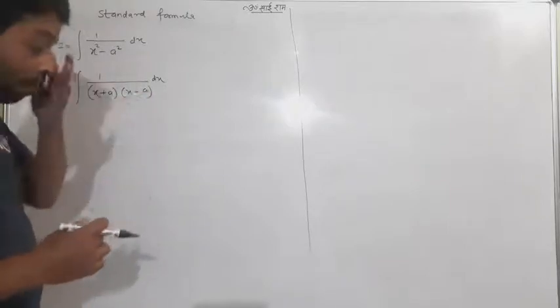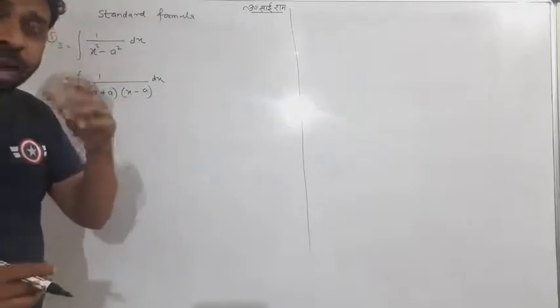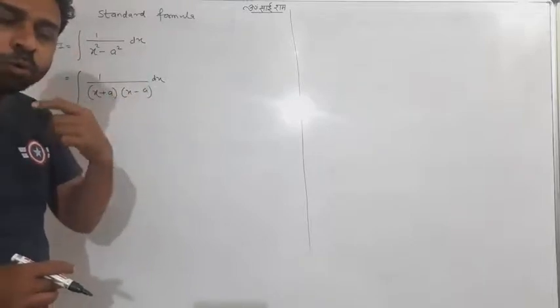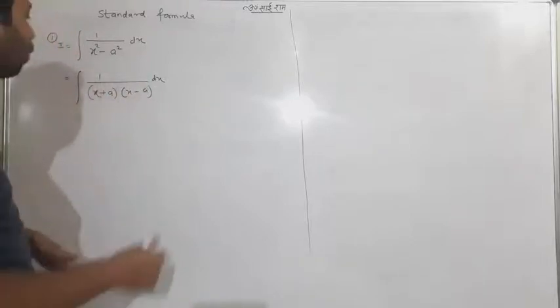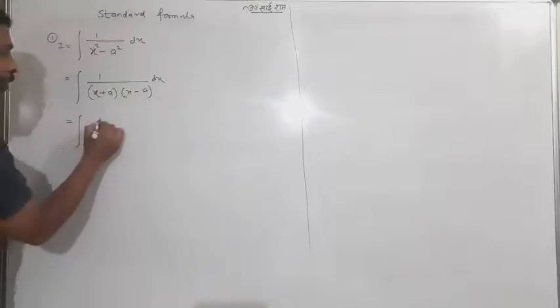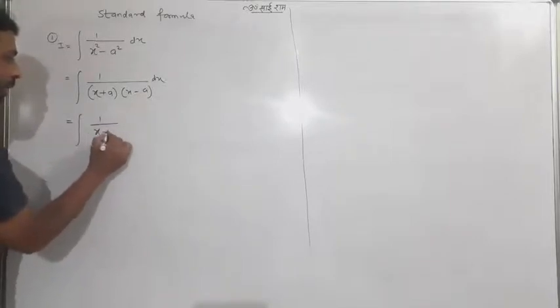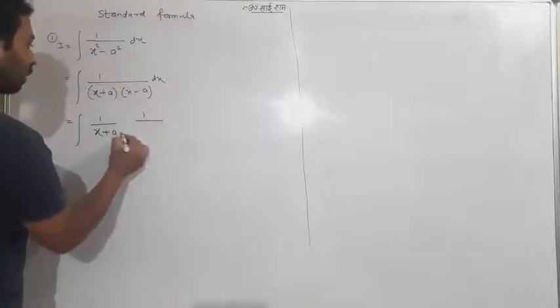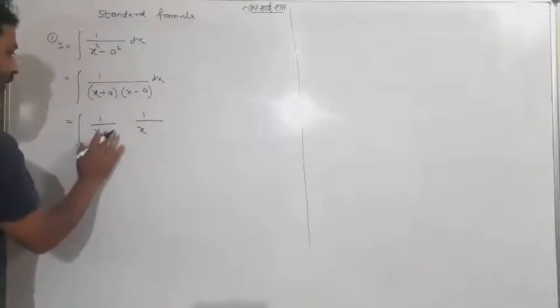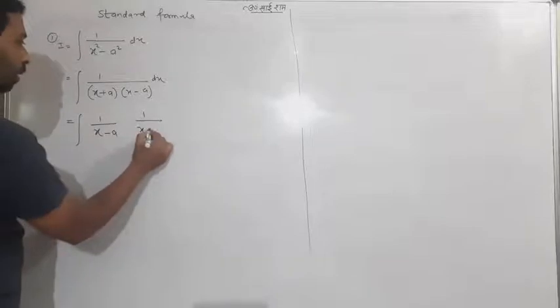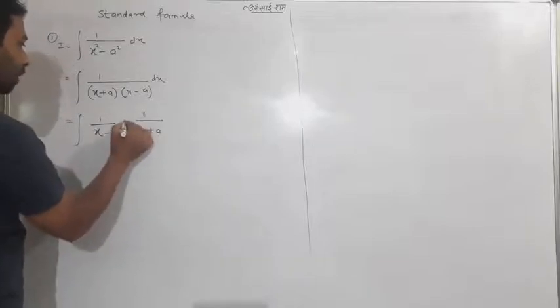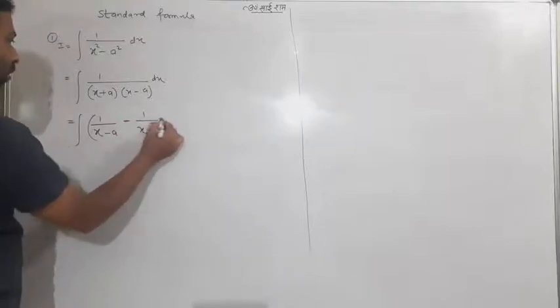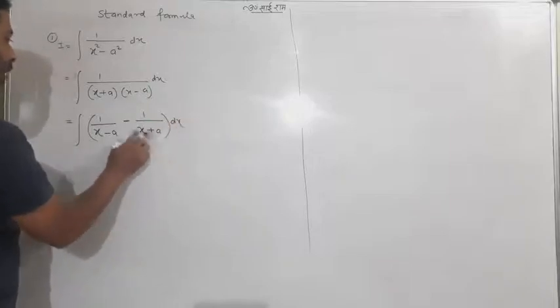We have to manage the numerator, and we will use a prediction method. Look at what I'm telling you. I'll write here x plus a, and here x, minus a. Okay, x plus a.